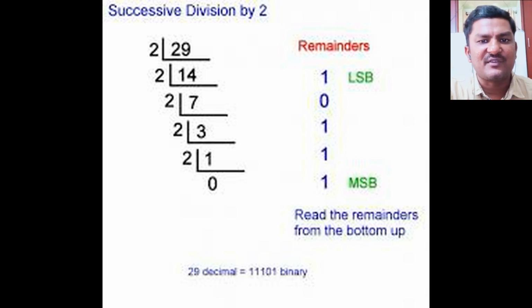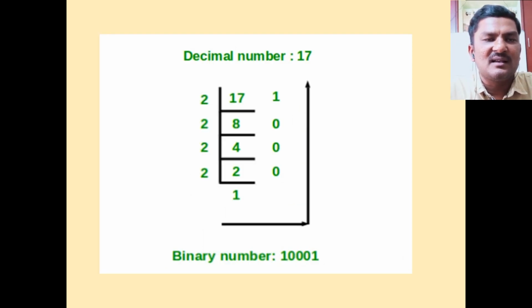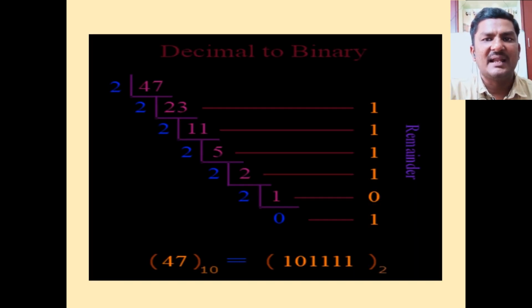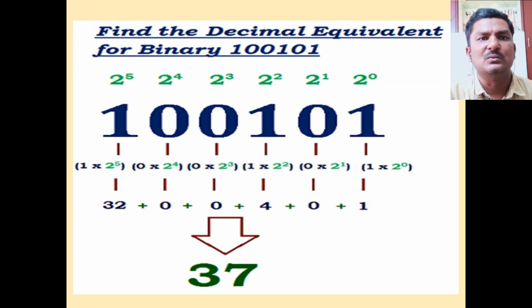Read the remainders from bottom to top. So 29 base 10 equals 11101 base 2. Next, decimal to binary, third example, 47. By successive division by 2, we get 47 base 10 equals 101111 base 2.